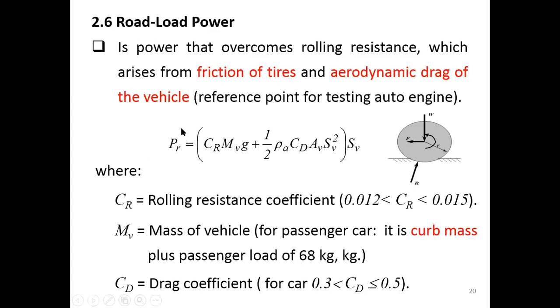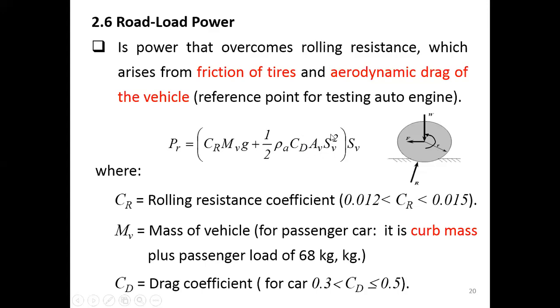So this load power comes out from these expressions, which consist of what? The power that overcomes the rolling resistance due to the mass of the car itself, plus the power required to run the car at a certain speed.